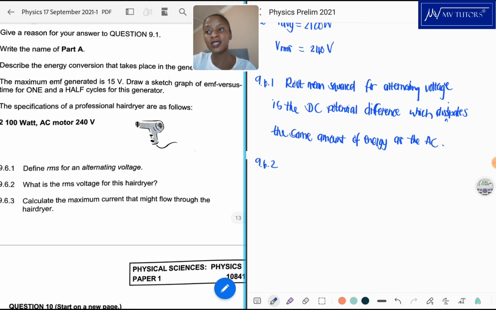So it would be the same as the VRMS, which is 240 volts, based on the definition we gave.